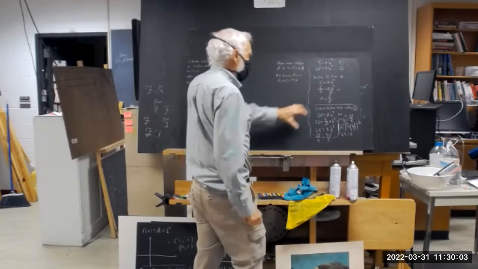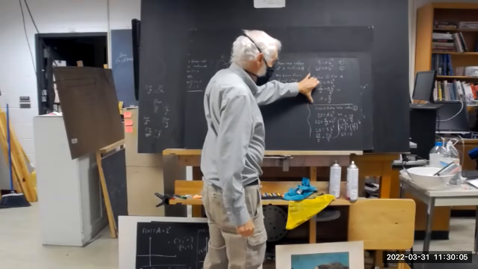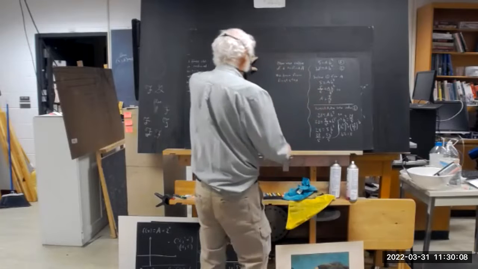You know, from our first step, the step we made here, that a is 5 over b squared.